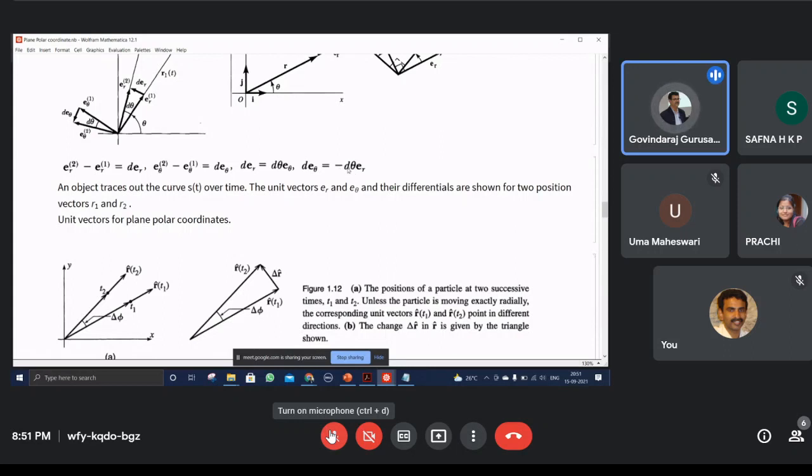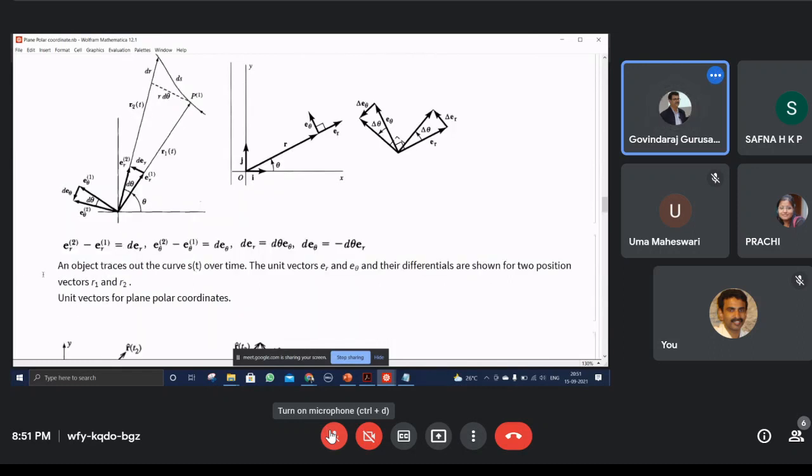And what is the minus sign? Why do you have a minus sign here? In terms of vectors, how do you look at the minus sign? Well, this e_theta must be opposite to e_r. Will that happen somewhere? The de_theta or de_r should be in the opposite direction.